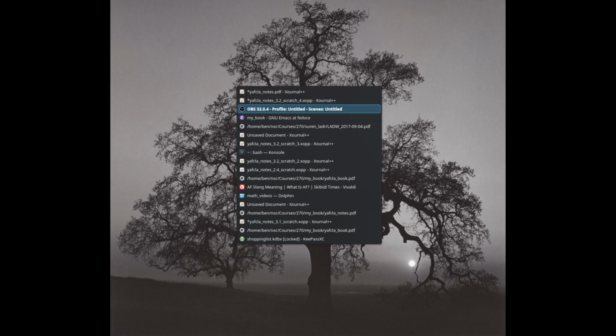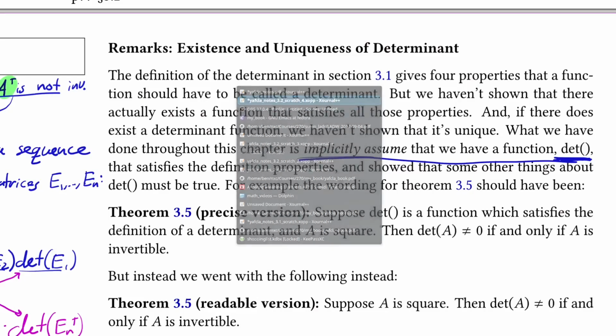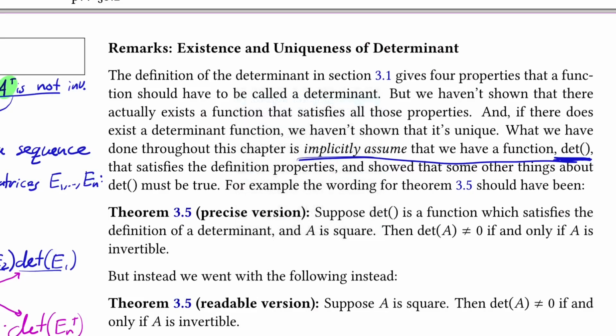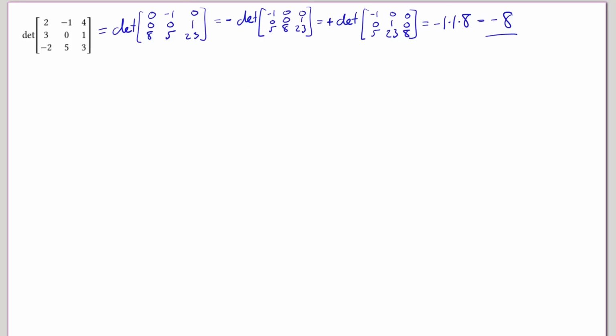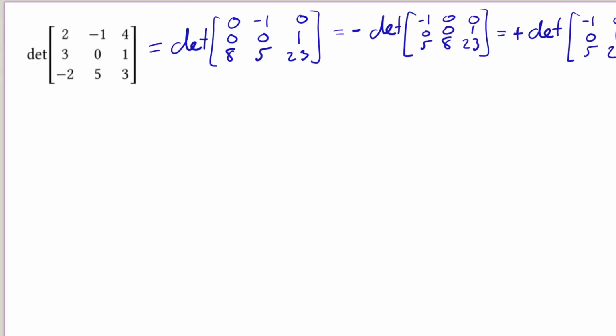Now, how do we know that that is actually a function that always gives you the same result? And how do we know that there isn't more than one function that makes that work? Like, for example, I just took one of the homework problems here, this matrix here.